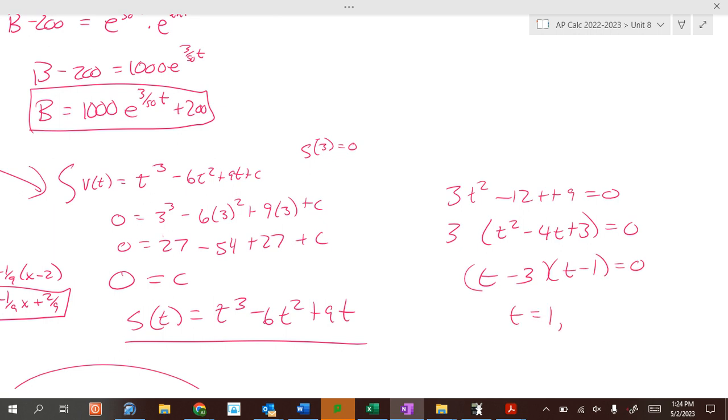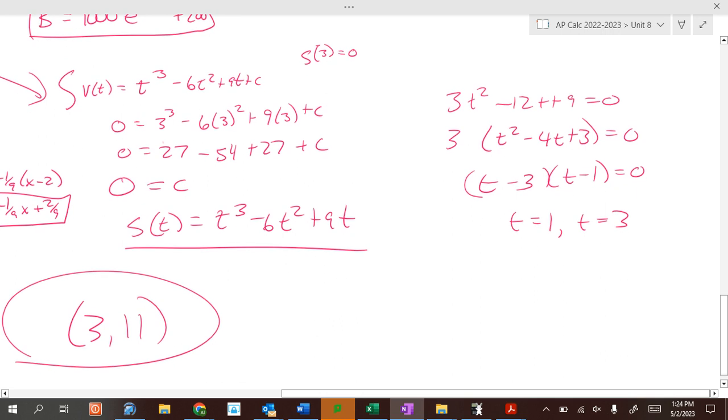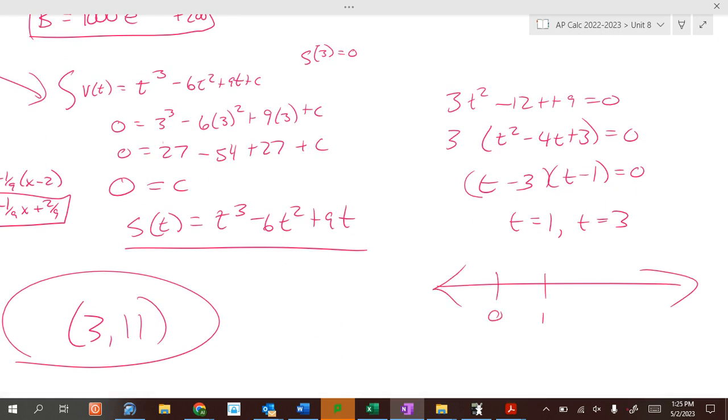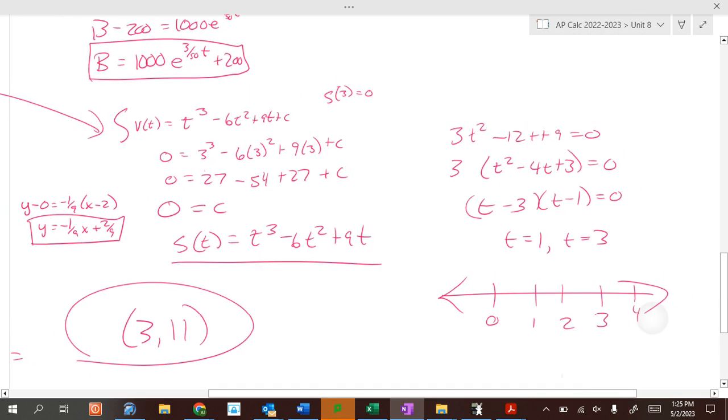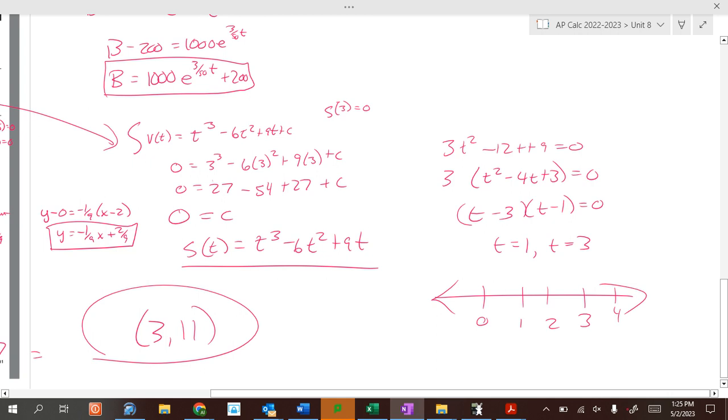So t equals 1, t equals 3. So here's 0, 1, 2, 3, 4. Okay. So if we put 2 into the velocity function, we get 12 minus 24, which is negative 12, plus 9 is negative 3. So we're negative here. So we're positive here, and we'd be positive here. Okay? So a positive, negative, positive velocity.